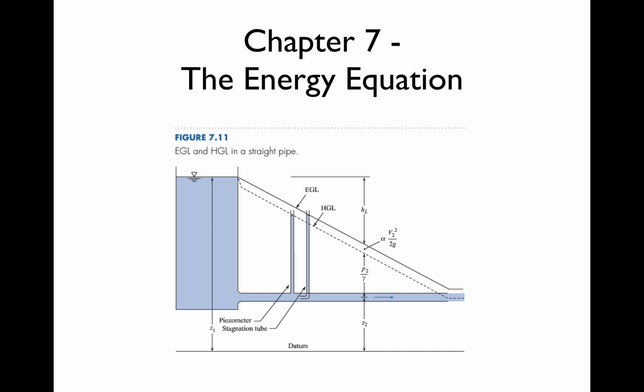So anywhere along this pipe, you would have the same amount of energy if there was no energy being lost. But if it's a very long pipe and there is head loss, then the further and further you go along the pipe, you have less and less energy because the head loss is being subtracted, or is using energy out of the system.